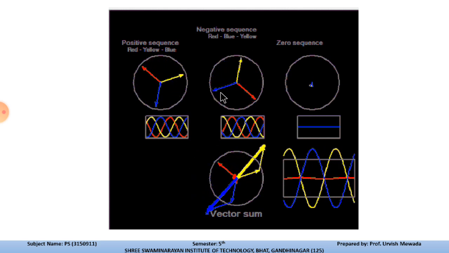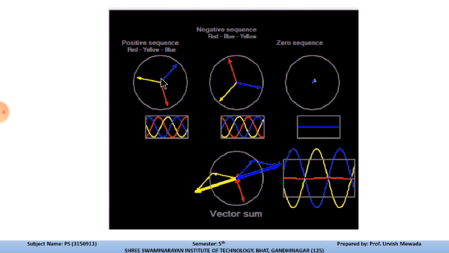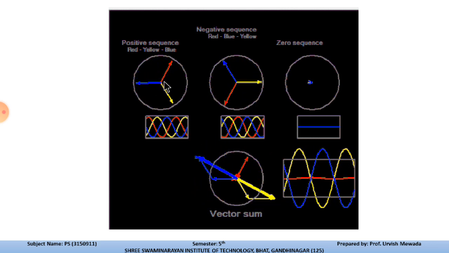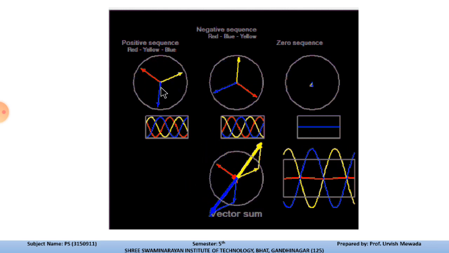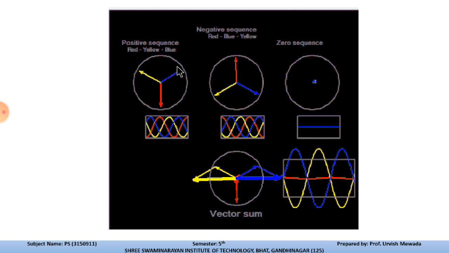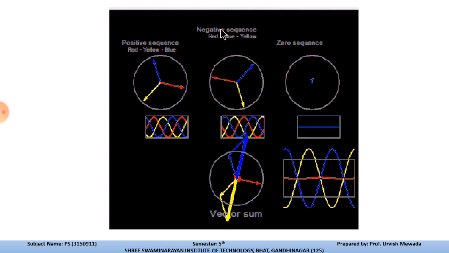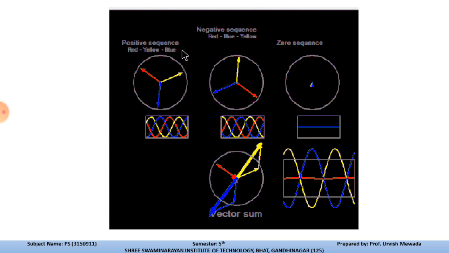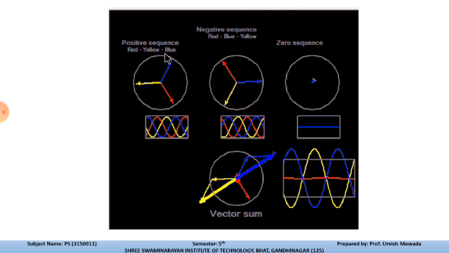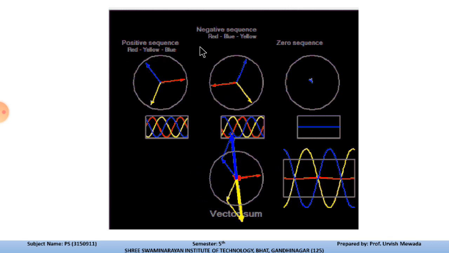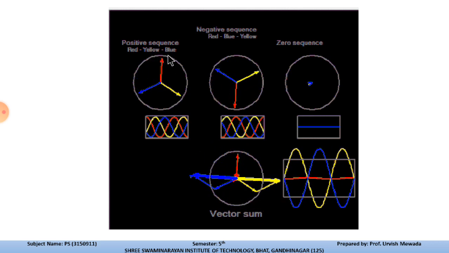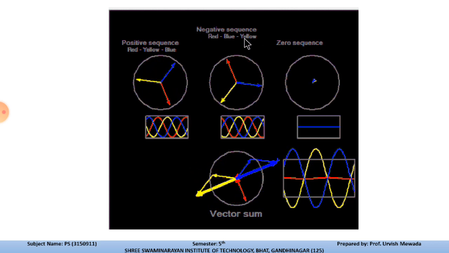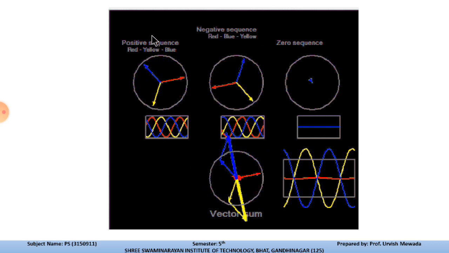If we superimpose this diagram, the phases will remain 120 degrees apart from each other, and the phase sequence will also change in terms of positive sequence as well as negative sequence. In the negative sequence, you can see that red stays red, and yellow and blue are interchanged. Instead of yellow we have blue, and instead of blue we have the yellow phase. So this describes the position of the positive sequence and the negative sequence components.